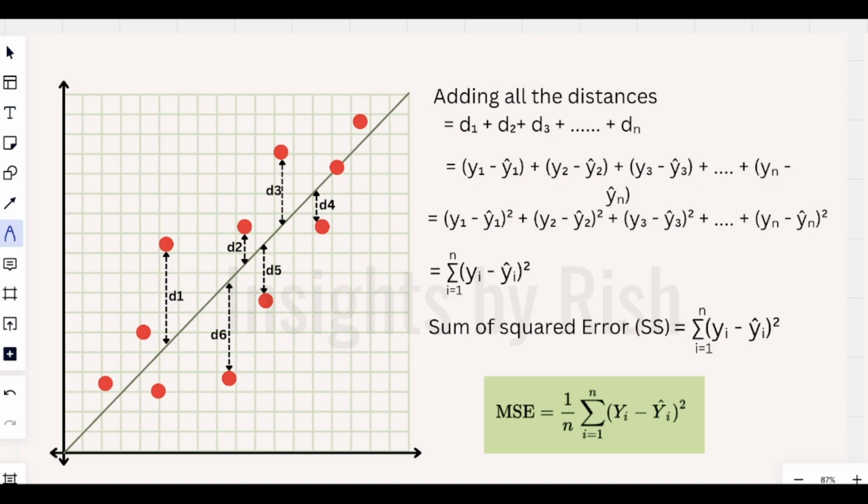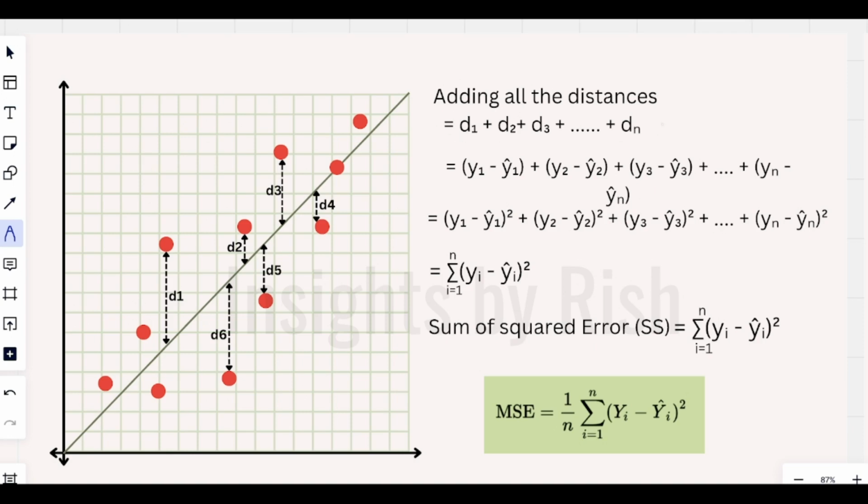Let's say d1 is the distance between the first data point and its predicted one, and d2 is the distance for the second data point. In such a way, you take the distance for all the data points and add them up, starting with d1 up to dn.